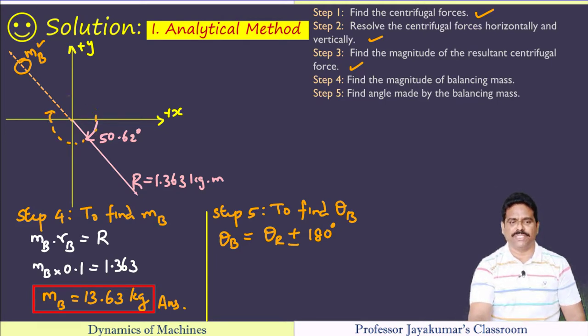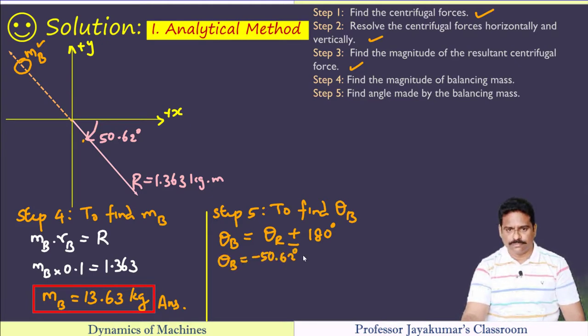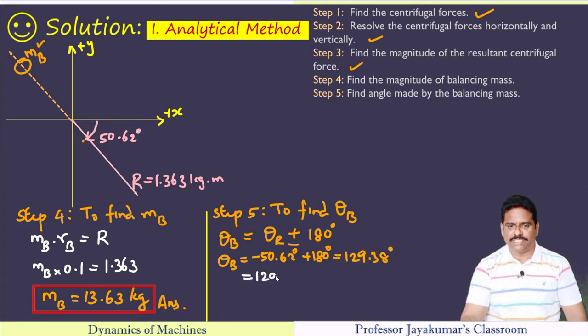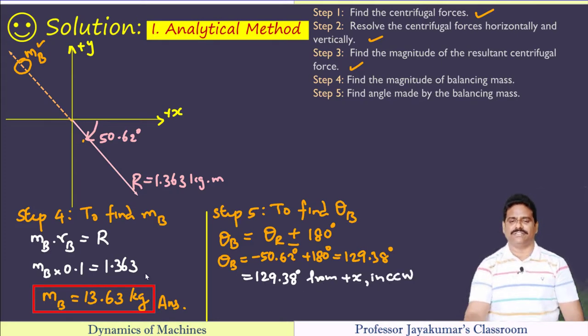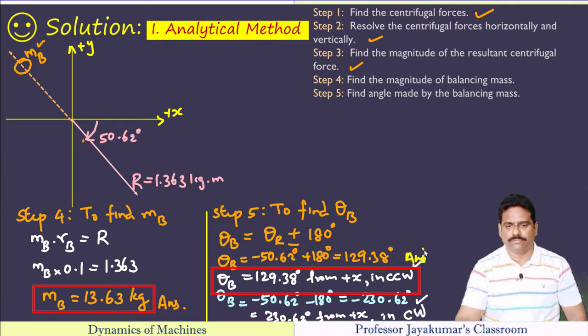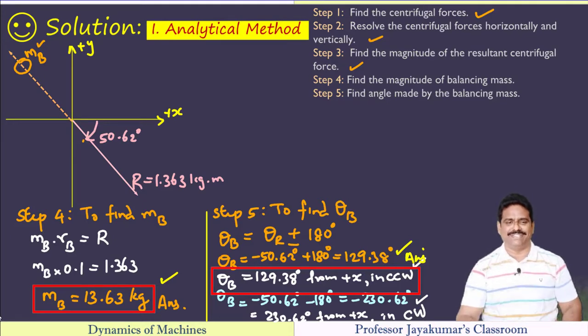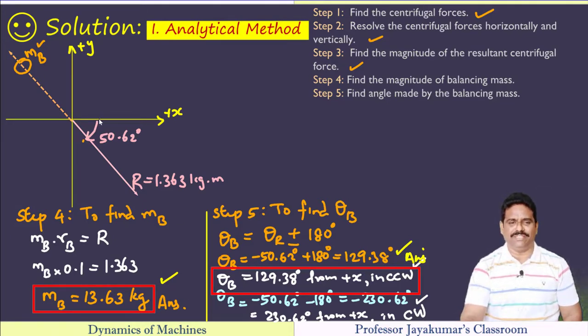That's what it says, plus or minus 180 degree. There we are. So we have obtained the answer, MB and theta B.